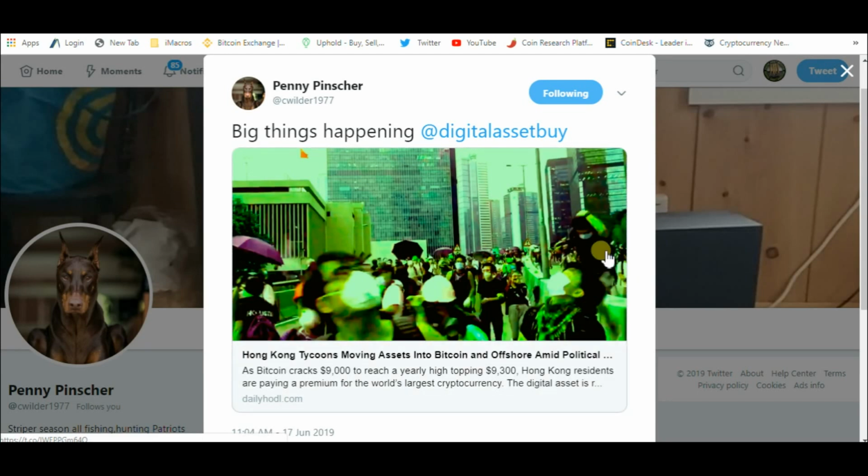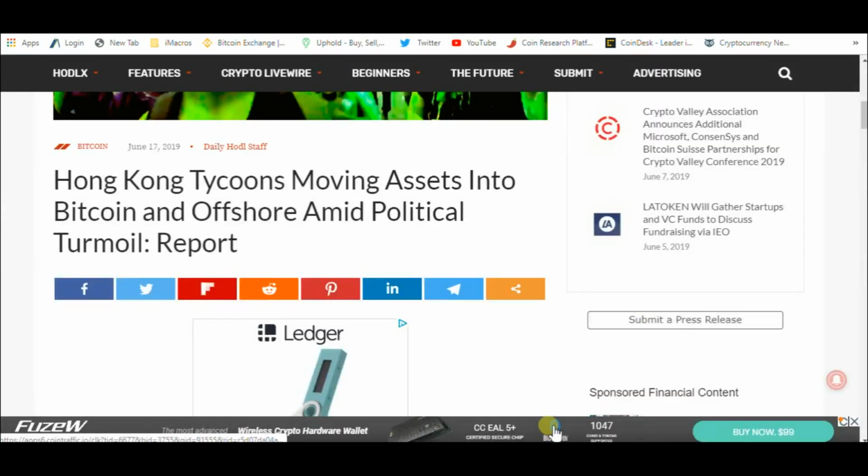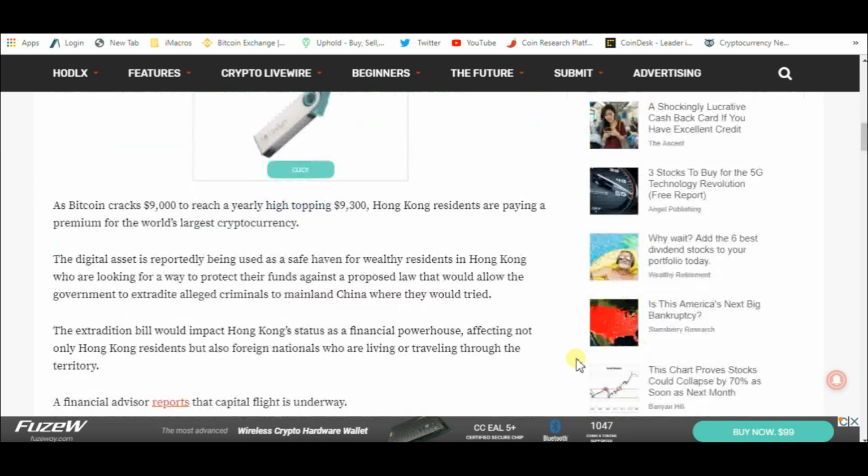Okay, next from Penny Pincher, big things happening, and copied me on this. This is interesting right here. Hong Kong tycoons moving assets into Bitcoin and offshore amid political turmoil. As Bitcoin cracks 9,000 to reach a yearly high topping 9,300, Hong Kong residents are paying a premium for the world's largest cryptocurrency.